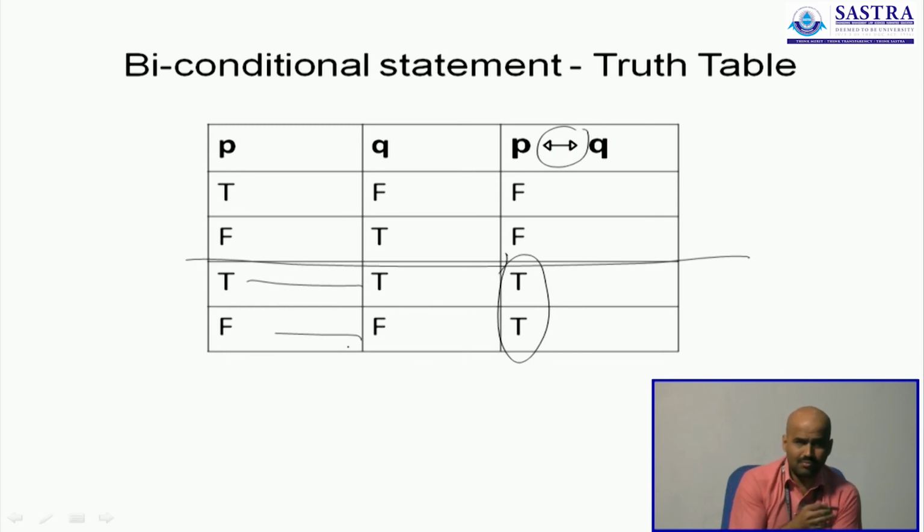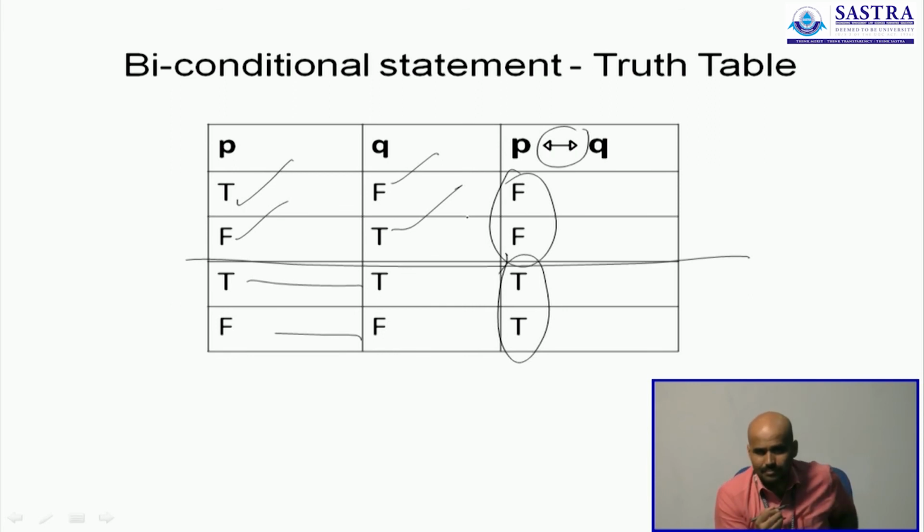Even if one of them is different, say P is true but Q is not, or Q is true but P is not, then the truth value that is taken up by this biconditional statement is a false value. So this biconditional has such a truth table which explains its procedures.